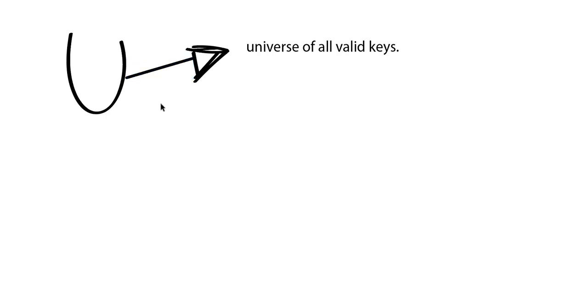So this U is going to be the universe of all valid keys. So any key we think of comes from this U. You can think of U as some kind of set which contains all the valid keys you can have.